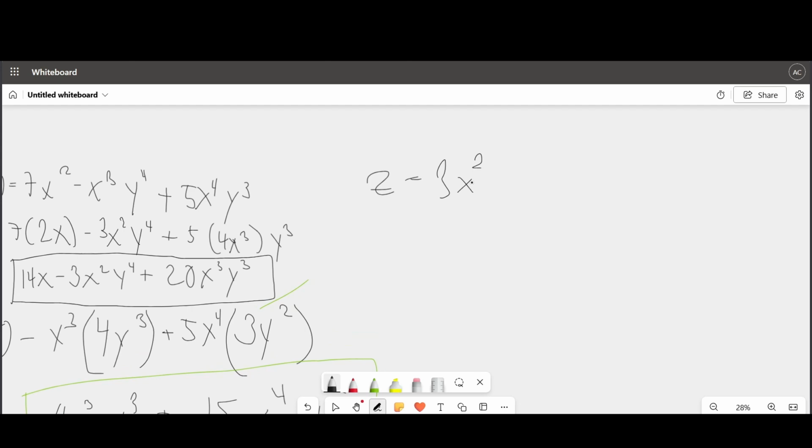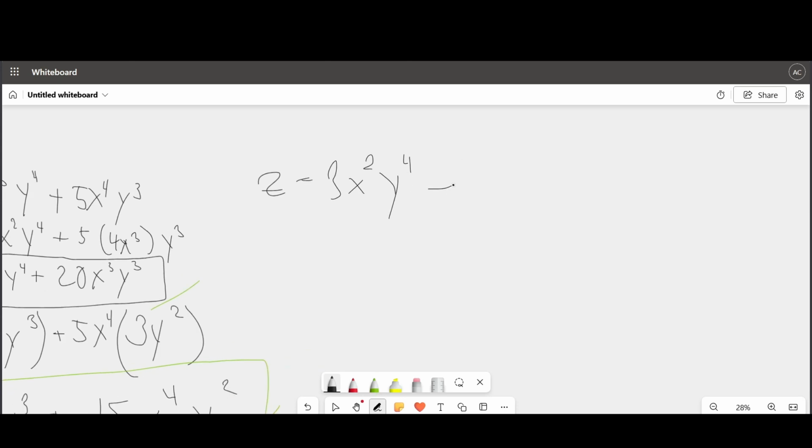Minus 4y to the 7th plus 4y to the 8th. Find the first partial derivative with respect to x and with respect to y. Okay, so we're just going to copy this example here from the Organic Chemistry Tutor.